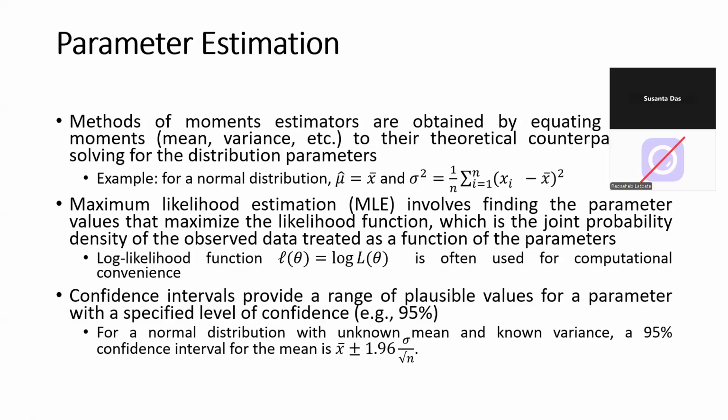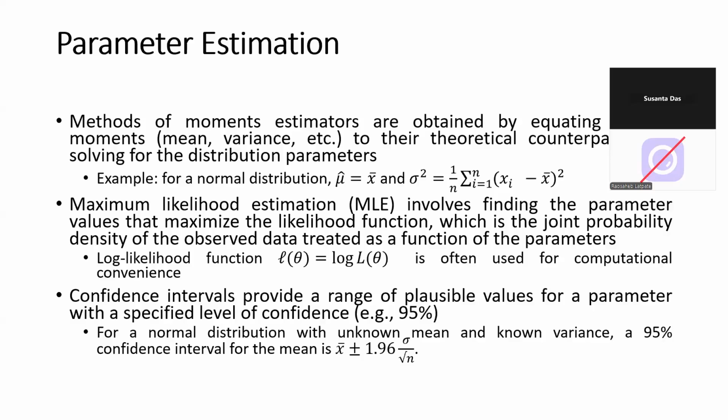Along with that, one can easily evaluate the maximum likelihood estimate, MLE, which involves finding the parameter that maximizes the likelihood function, which is the joint probability density of the observed data, treated as a function of the parameters, and the log likelihood function, which is log of L(theta). L(theta) means the likelihood function.